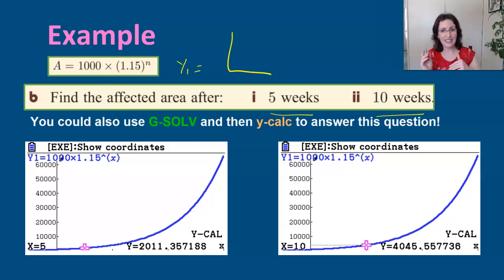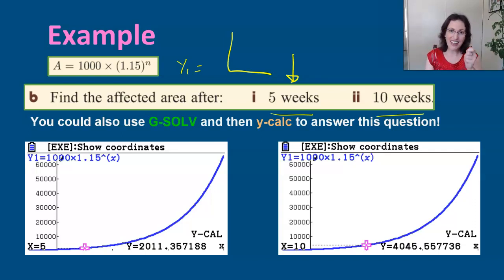What about the y-axis? Well, the numbers that you were finding, if you remember, was 1,000 to start with, and then we went to 2,000 and 4,000. So my advice would be start at 0 and then go up to about 10,000. And you can put a scale on if you like, but that's up to you. So you've graphed that and got the view window right. How do you solve? We're solving for when the n value is 5 weeks.